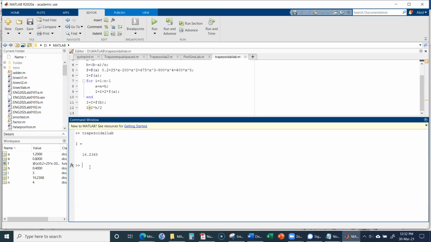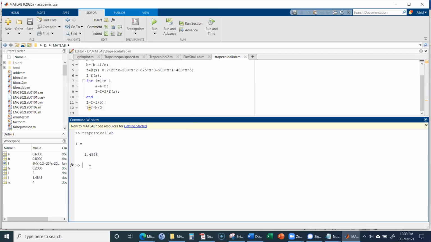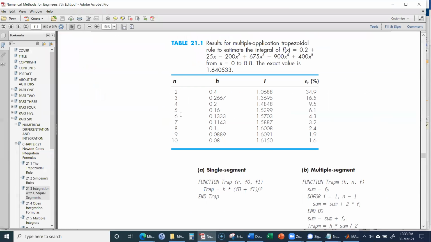Okay, so now I can run it again. Yeah, it is 1.4848. So if we see, what was the answer over here? 1.4848. Okay.